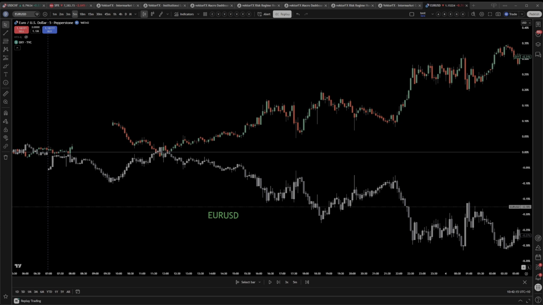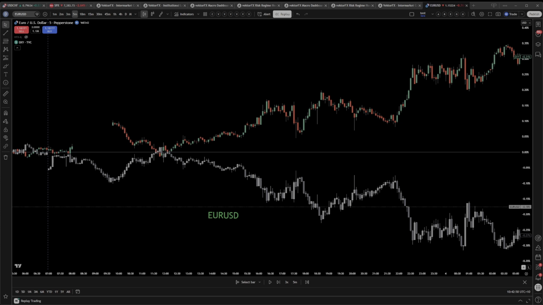And within that basket is a group of currencies. So it has within it the euro, the Japanese yen, the British pound, Swedish krona, and the Swiss franc. Each one of those currencies are weighted within the US dollar index. And what it gives us is an indication of US dollar strength or weakness.